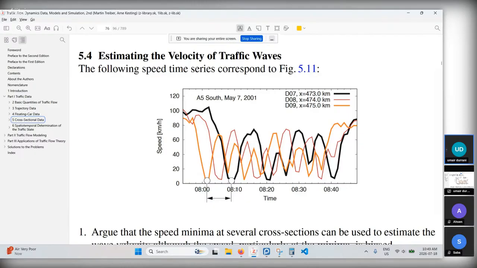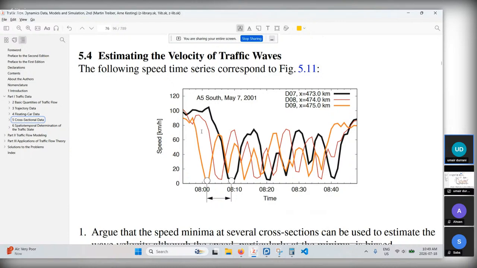So at around 8, 8, 8, I think, we have the speed value for D07, and at around 8:05, I think, we have the speed value for the detector D09. So they're showing the same pattern. They're showing us that the upstream detector is D07 and the downstream is D09.